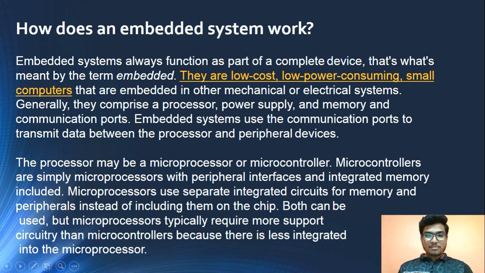The processor may be a microprocessor or a microcontroller. Microprocessors use separate integrated circuits for memory and peripherals instead of including them all on a chip, whereas microcontrollers are simply microprocessors with peripheral interfaces and integrated memory included in them. Both can be used, but microprocessors typically require more support circuitry than microcontrollers because there is less integrated into the processor.